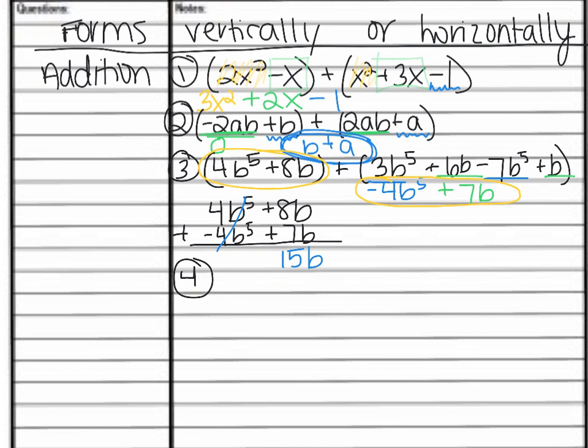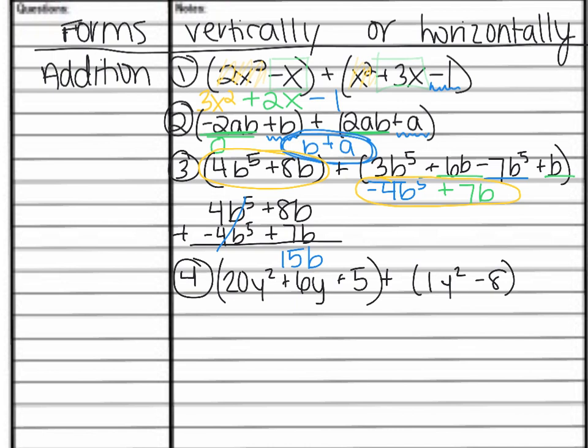This time I have 20y squared plus 6y plus 5, that's my first trinomial, plus 1y squared minus 8. I am going to want to set these up vertically.